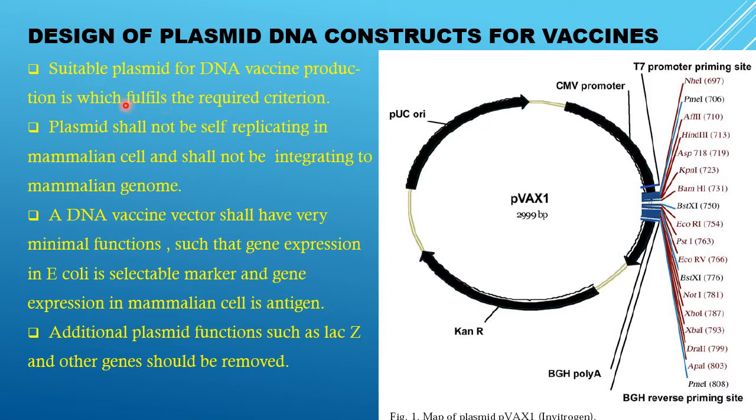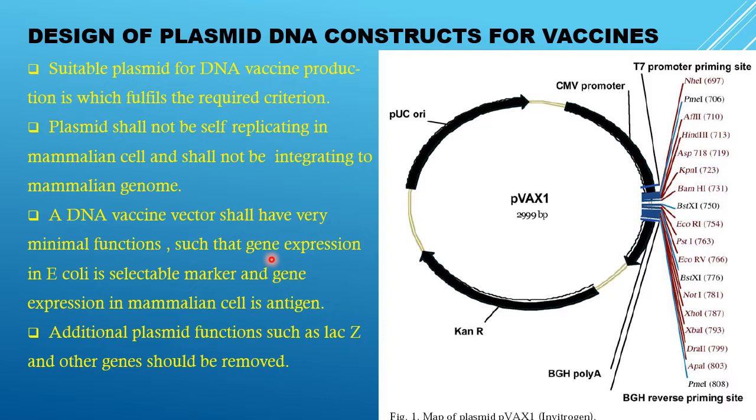That is, the plasmid shall not be replicating in mammalian cell and shall not be integrating to mammalian genome. Another criteria is a DNA vaccine vector shall have very minimal functions such that gene expression in E. coli is selectable marker and gene expression in mammalian cell is antigen. Only two sort of functions are a must there.